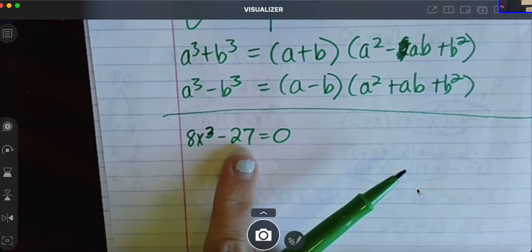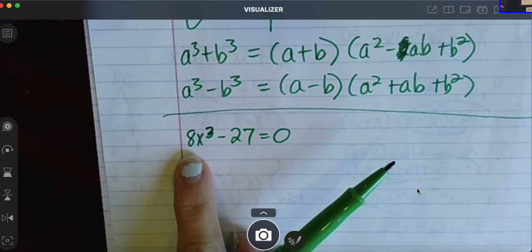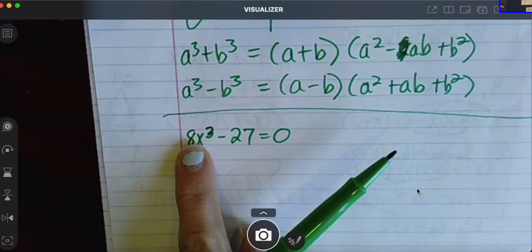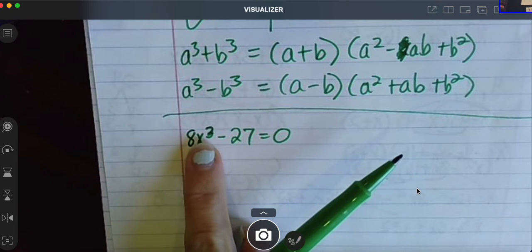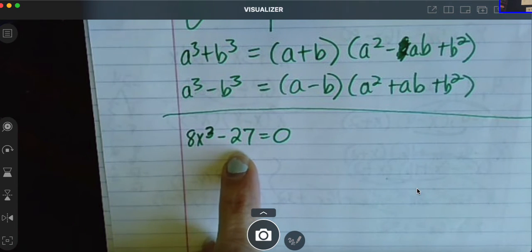That's a perfect cube and that's a perfect cube. What am I cubing here? A 2 and an x. Does that make sense? What's 2 to the third power? 2 times 2 times 2 is 8. That's where I got 2 from. And then x to the third power. So that's what I'm cubing. What am I cubing here?